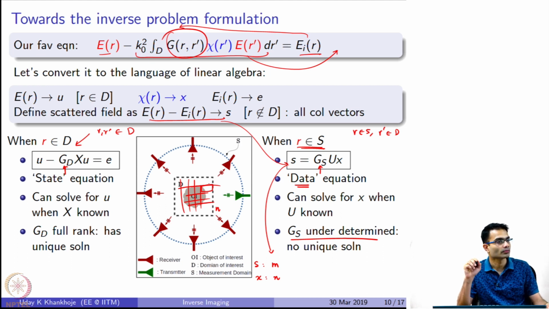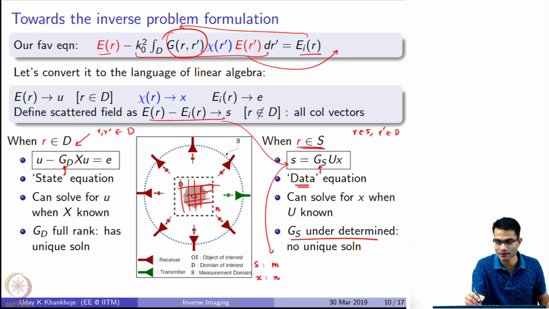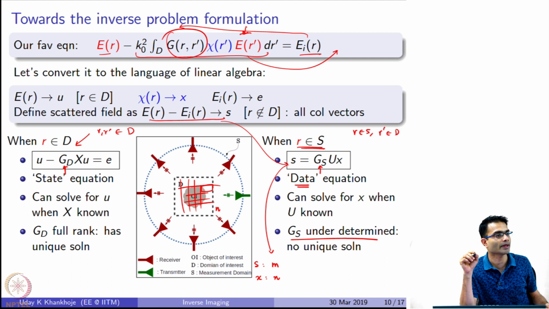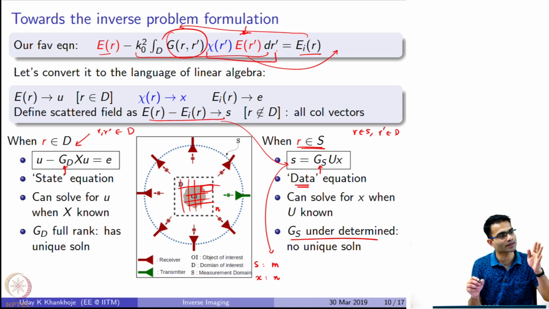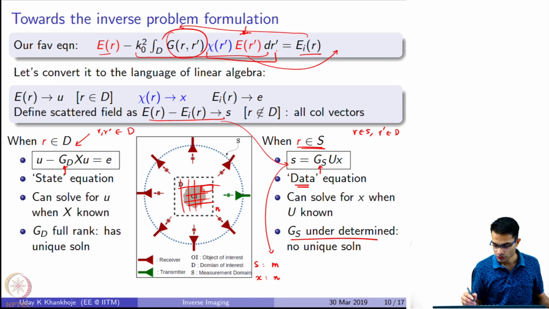U. The internal field, this E which is sitting inside the integral, is also unknown, and the number of unknown electric fields inside the medium is the same as the number of pixels I have divided this domain into. Wherever there is a chi term in this integral, there is an E term. So if you don't know chi, you also don't know E at that point. So the size of X and the size of U is identical. X and U both are of size n.